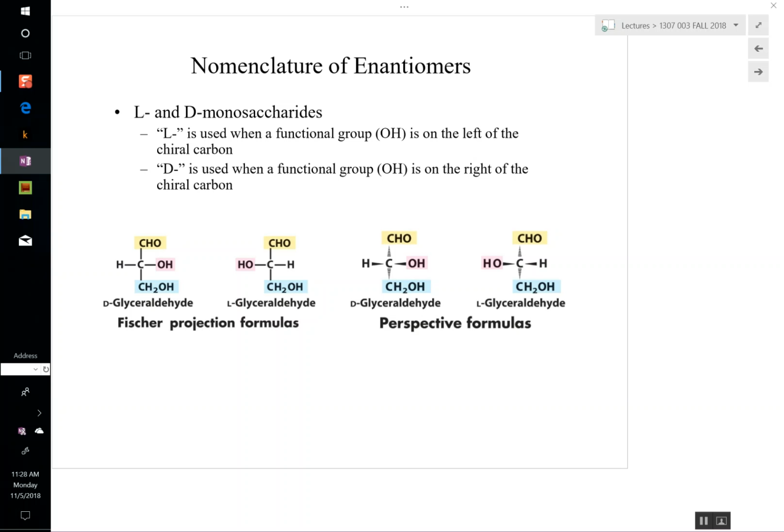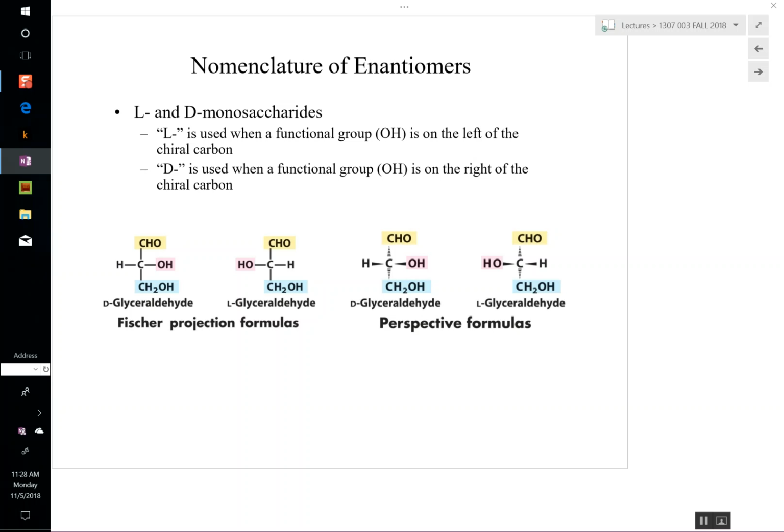Okay, so now, this is our real important reference point, because naturally occurring monosaccharides are D. They are the D isomer. D-glucose, D-fructose, D-galactose, D-ribose.